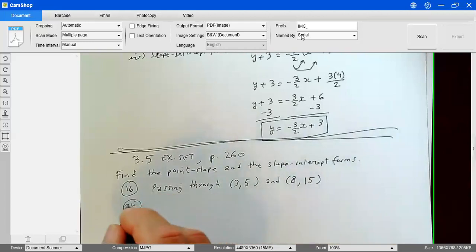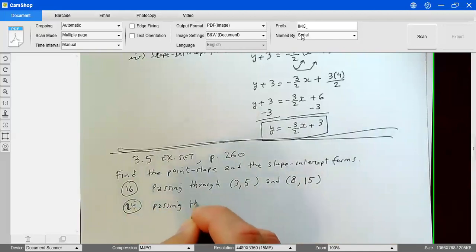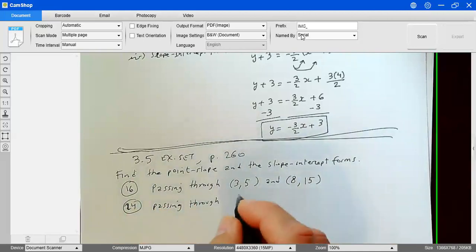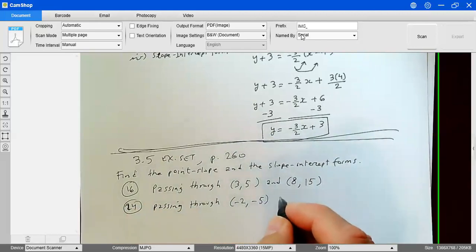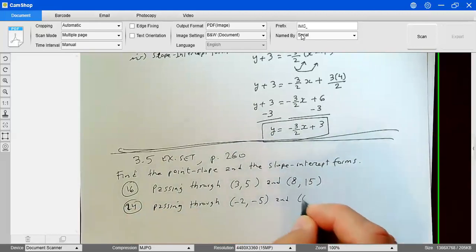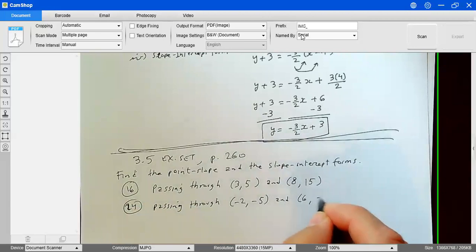Then we have 24, another line passing through -2, -5, and 6, -5.